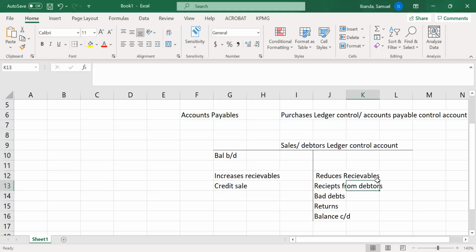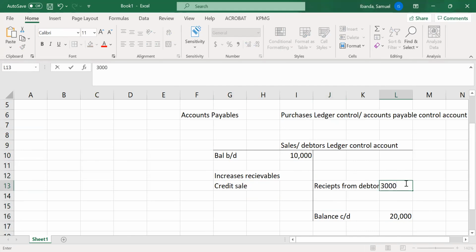So in most cases, you find that this balance brought down is given. For example, in this case, let's say maybe we have 10,000, and here we have, let's say, 20,000. So you get the information that they have given you on each of these items. In most cases, of course, they will give you a few items, and let's say they have given us the receipts from our debtors.